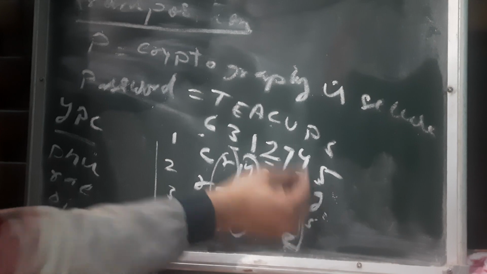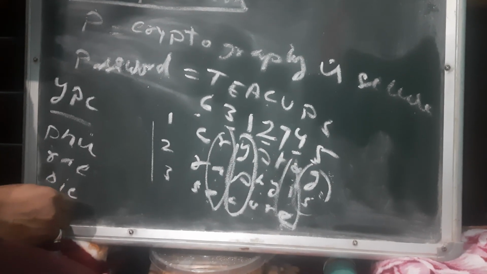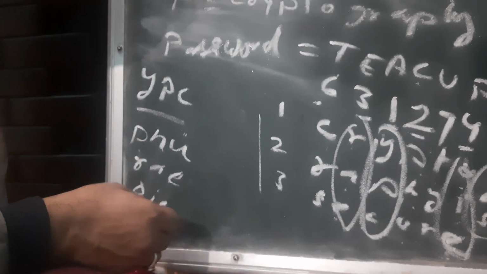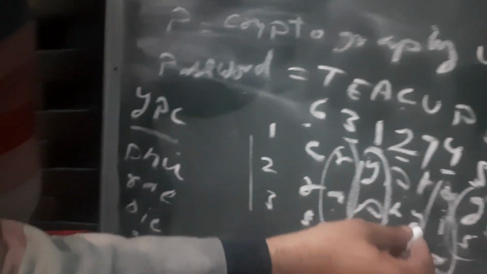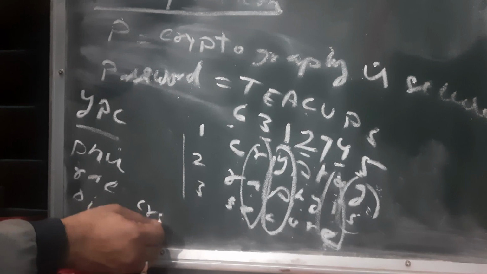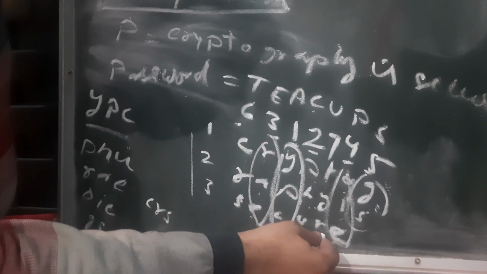Okay, and then GS. This particular column has one letter short. It has only 2 letters, a pair of 2 letters only. In the 6th column we have CRS, and in the 7th column we have TYR.